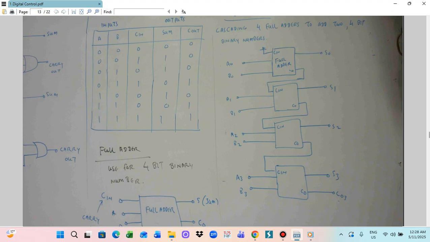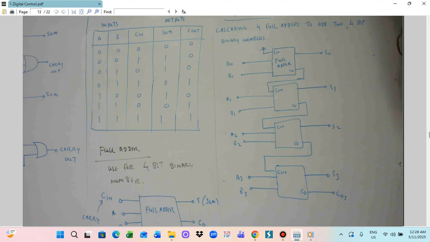The output comes out like this. Another adder circuit uses the C in and C out, and this one takes A3 and B3, so the outputs will be S3 and CO3.